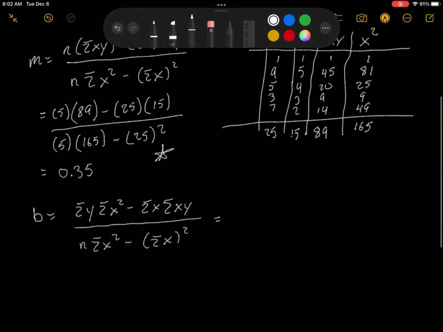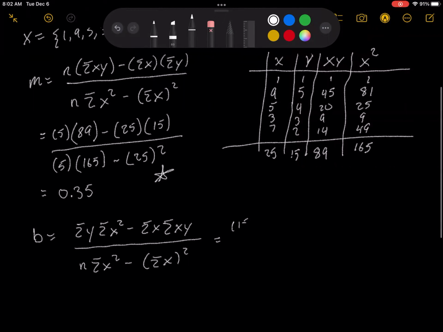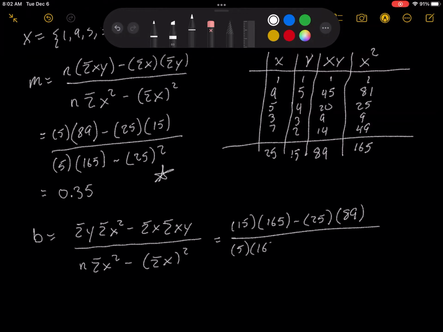The sum of the y's is 15. The sum of the x squareds is 165. The sum of the x's is 25. The sum of the xy's is 89. And then I divide by the same denominator as my slope. So I have 5 times 165 minus 25 squared. So when you do this, you find that you have a y-intercept of about 1.25.